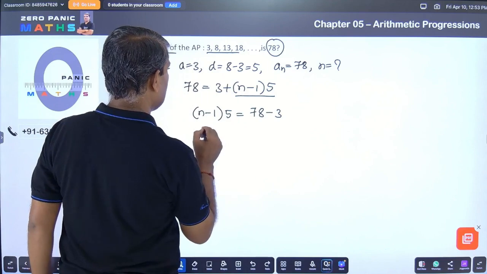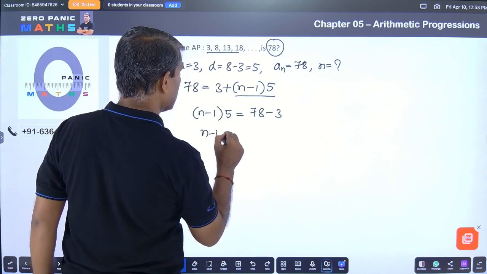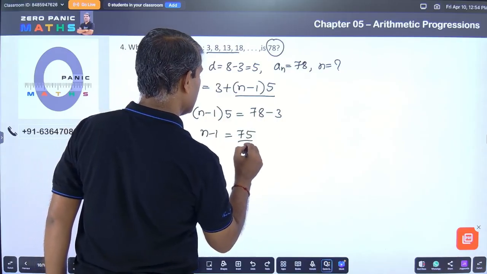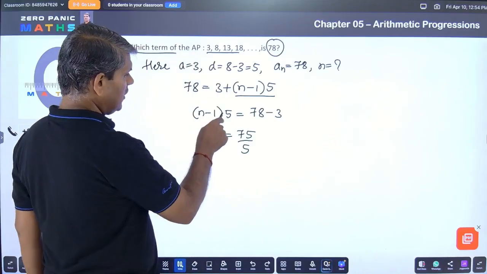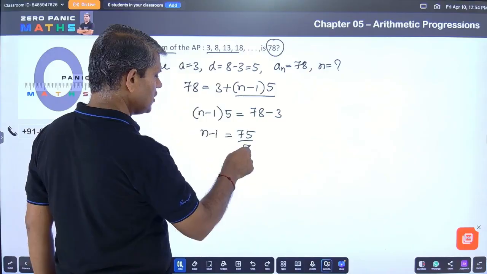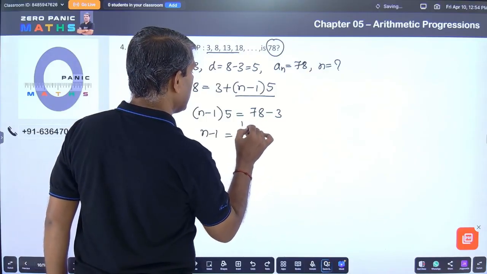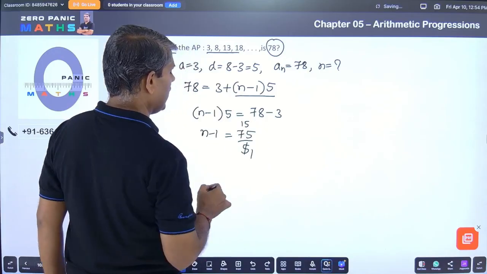So n minus 1 is equal to 75 divided by 5, right? I'm taking the 5 multiplication to the division here. 5 ones are 5 and 5 fives are 25, right?